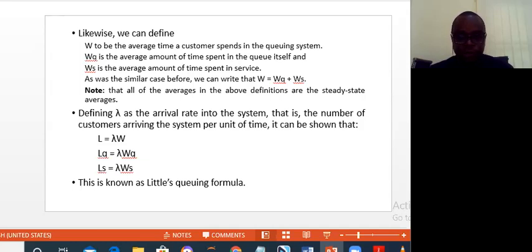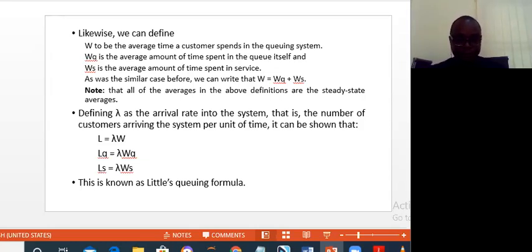We use WS to represent the average time customers spend in service. We can then write that W equals WQ plus WS, that the total time in the system is equal to the time customers spend waiting in the queue plus the time spent being served. You should remember that all of these parameters are assumed to hold at steady state.